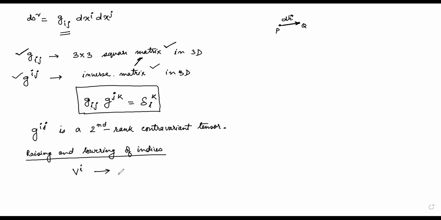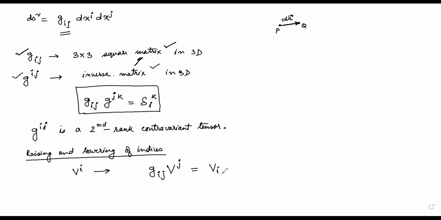Let us see. So G_ij V^j, this actually gives us V_i. So this V^j, this upper index, when I multiply it by the covariant metric tensor and then contract over the index j, we get V_i.